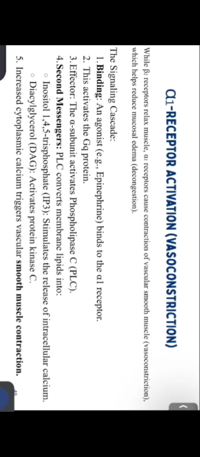Take note guys, Gq protein. And as effector, the alpha subunit activates phospholipase C or the PLC. And we also have here second messengers. The PLC converts membrane lipid into inositol 1,4,5 triphosphate or the IP3, which stimulates the release of intracellular calcium, and diacylglycerol or your DAG activates protein kinase C.